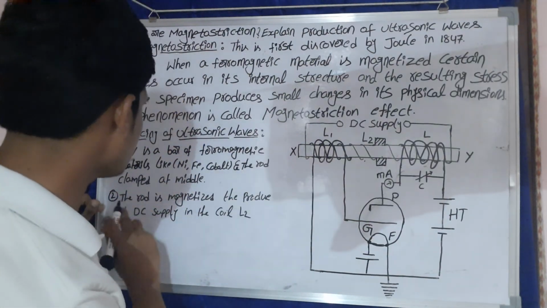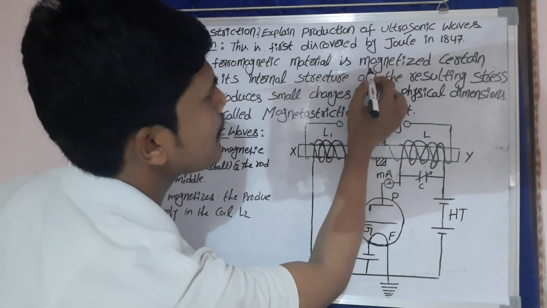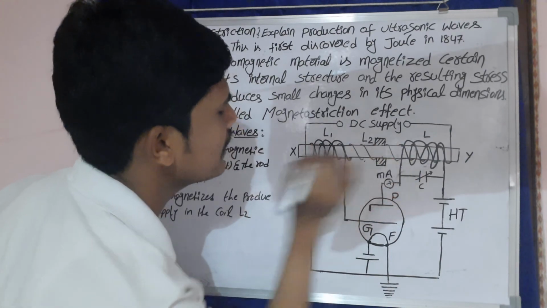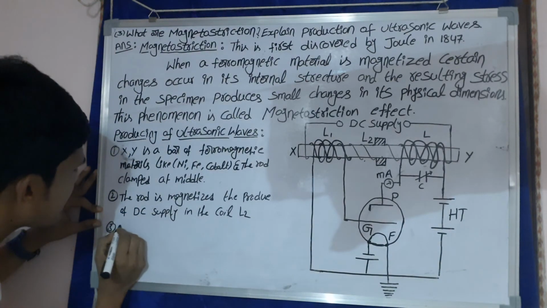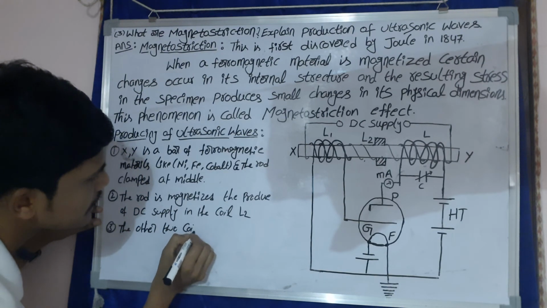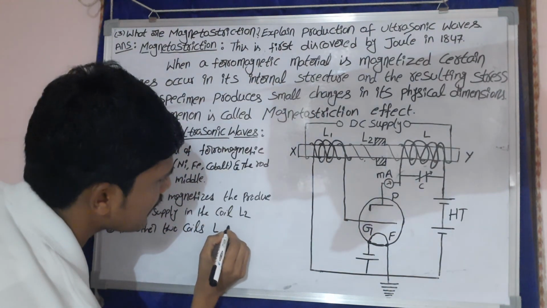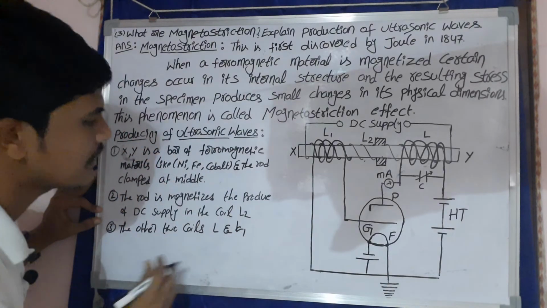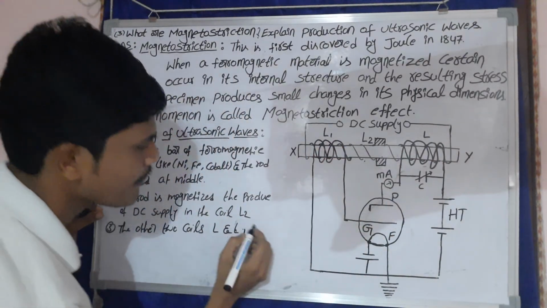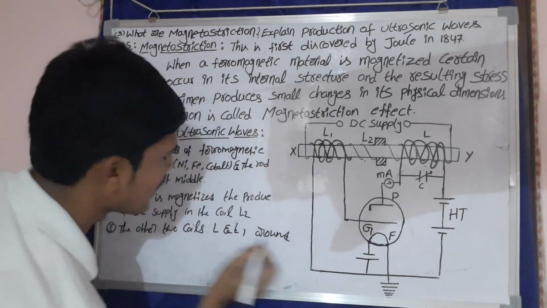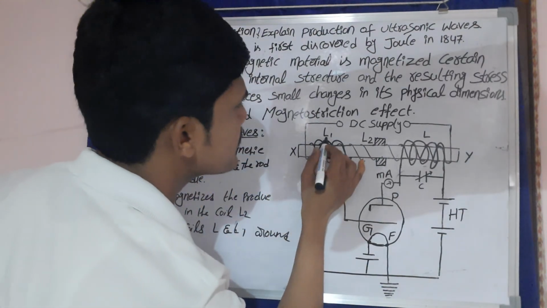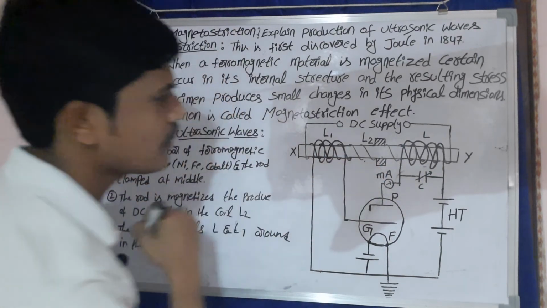Next, the other two coils, L and L1, are wound around the rod.